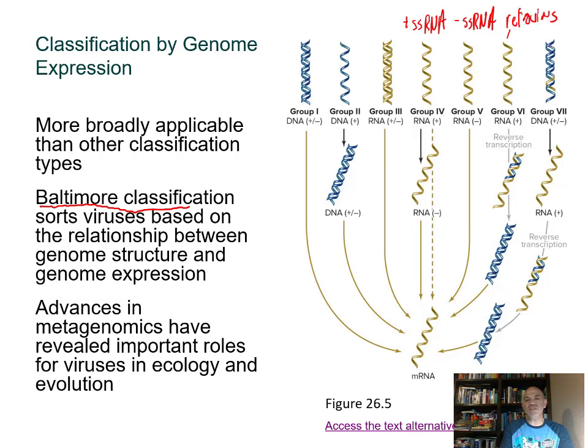You've got your retrovirus. And then this group here, group 7, is a more recent description or group. And that one's interesting because it is a DNA type virus. It's double-stranded. It has both the sense and the non-sense strand. But the thing about this one is the DNA is in segments or in pieces.